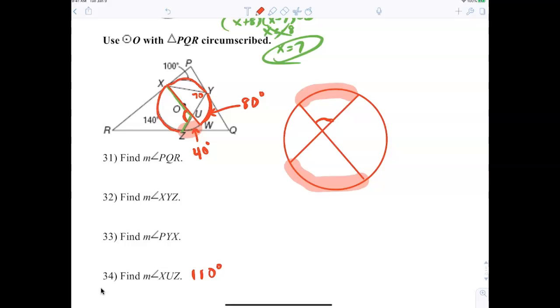So 31. Now I'm looking at PQR. So I'm finding PQR, this angle right here. Now, that is on the exterior, so that is the difference of the arcs divided by 2. So what does that mean? Let me make this better.